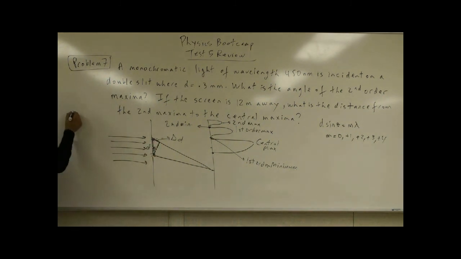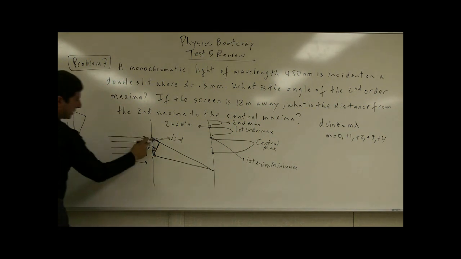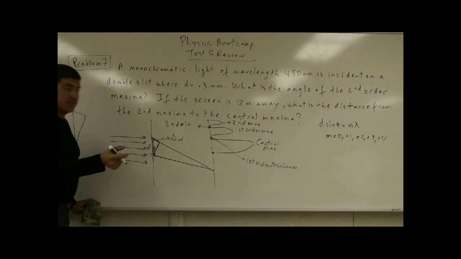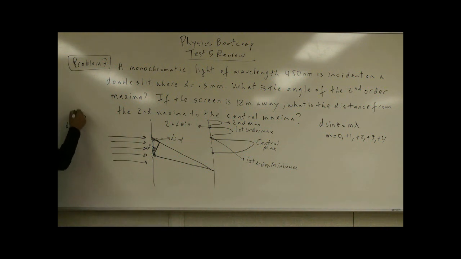So it looks like this. The top light ray is traveling an extra distance. This is theta. That's equal to d sine theta, right?